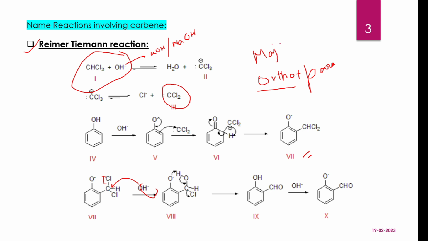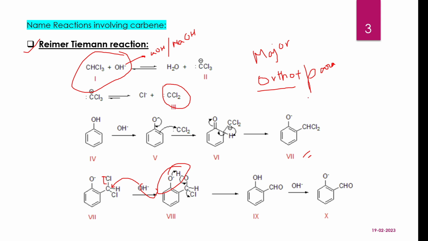Why? Because after this electrophilic substitution reaction, there is a chance to get stability. There is a chance of formation of hydrogen bonding. Due to this, the ortho product we get in a major portion.